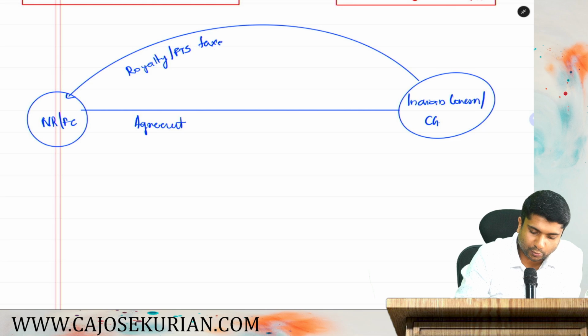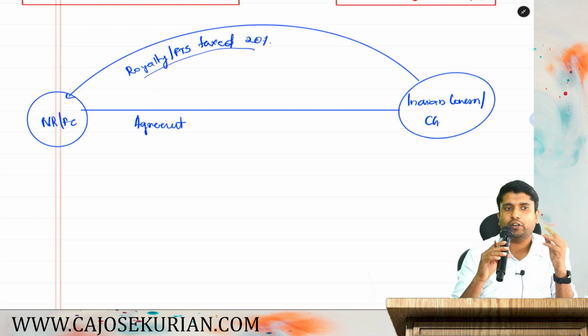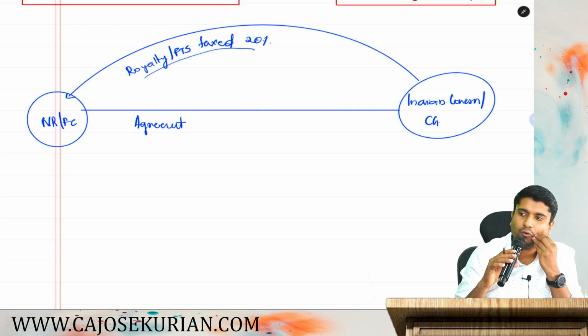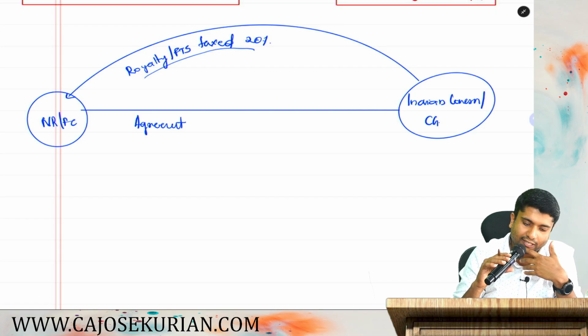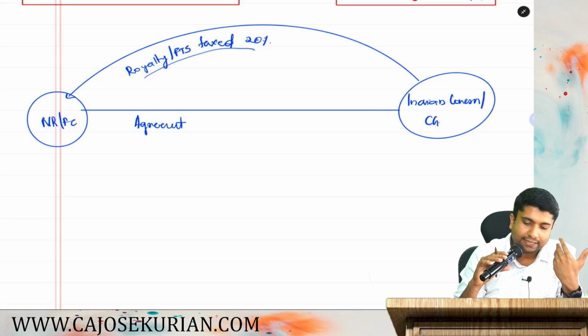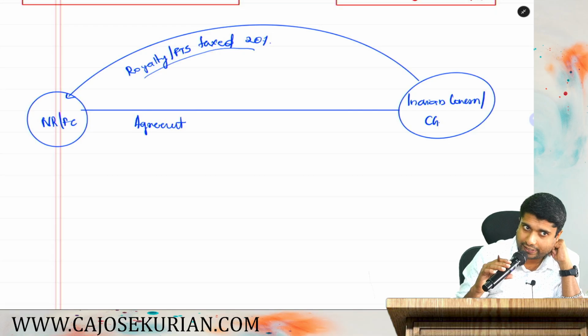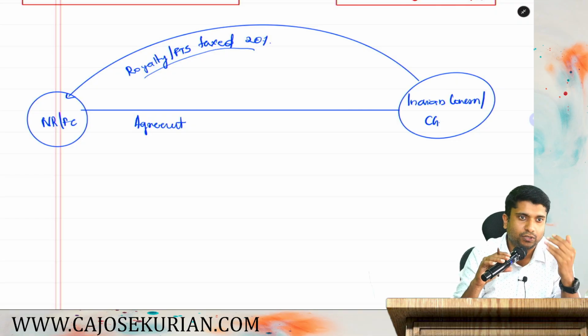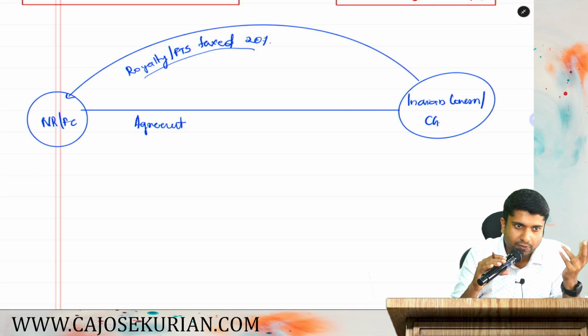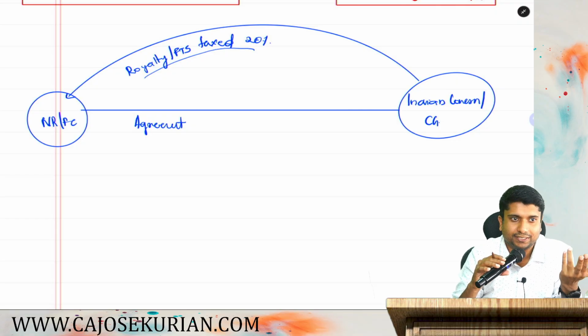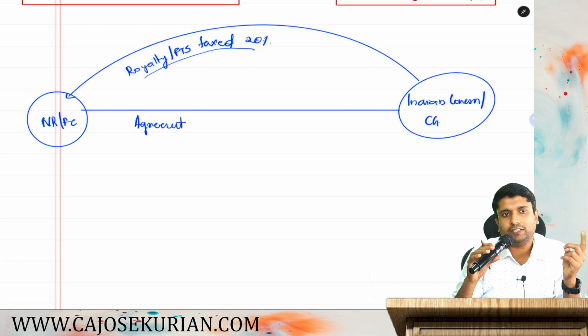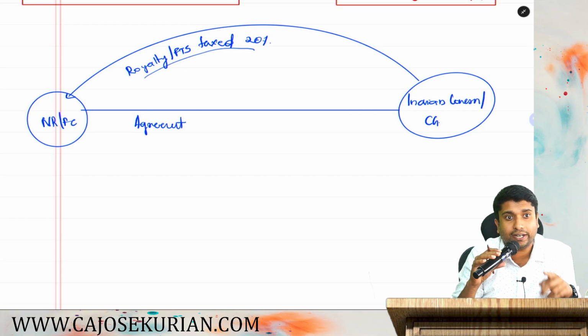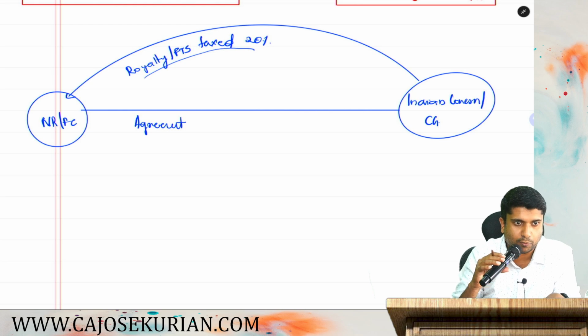It is taxed at, you tell me, what is the rate of tax? Taxed at 20%. 115A. Hope you remember. Under 44DA, we have already covered this. If you are getting royalty or fees for technical services from an Indian company or directly from the government of India, based on an agreement, there is no PE, the agreement is either before 2003 or there is no permanent establishment or the services are not connected with the permanent establishment, etc., then the royalty and FTS will be taxed under 115A. At what rate? 20% rate. That's what this point is all about.